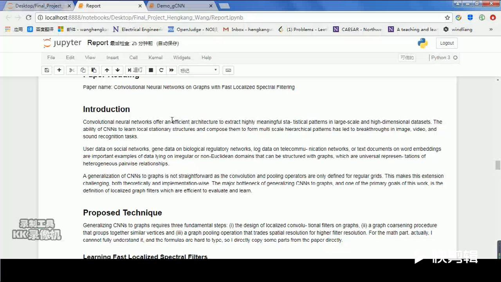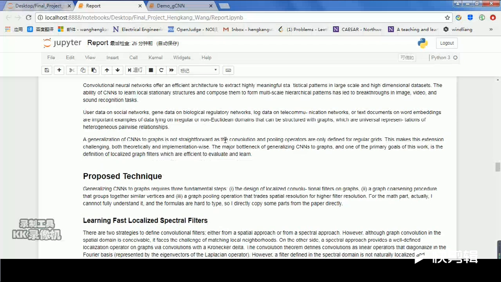If we want to deal with problems in social networks or brain images, like Professor Sangela's group is doing, in these situations we need to use another algorithm to get results in the non-Euclidean domain.